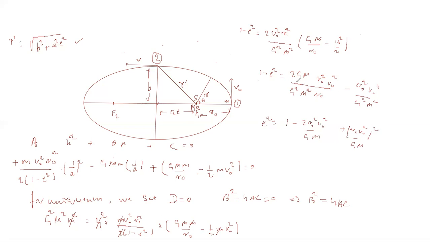The obvious cancellations were that G cancels with one of the G and one is left. This M cancels with one of them and one is left. And this r naught cancels with this r naught and one was left. And then we had this equation, the later one. So this is what we have for e square.